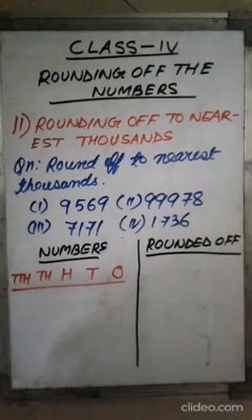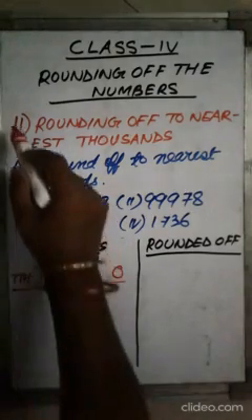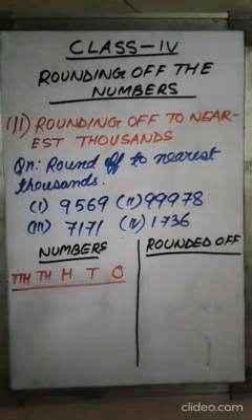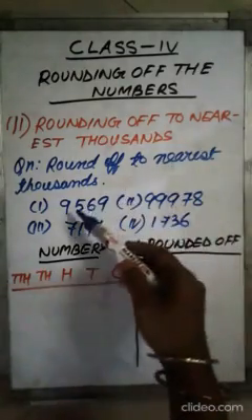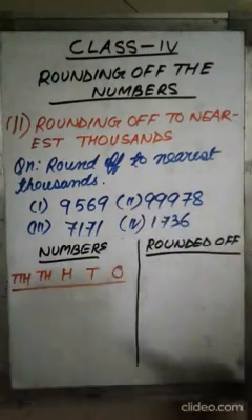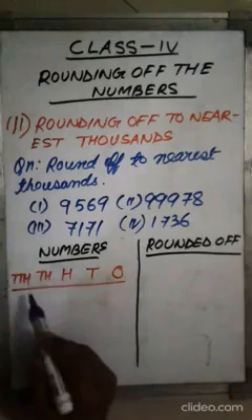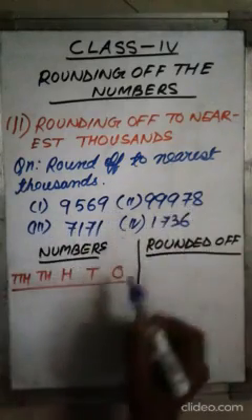The next one is rounding up to the nearest thousand. This is the third one. Question: round off to the nearest thousand. I have got 4 numbers. I have made the place value chart. Let us write the numbers in the place value chart.